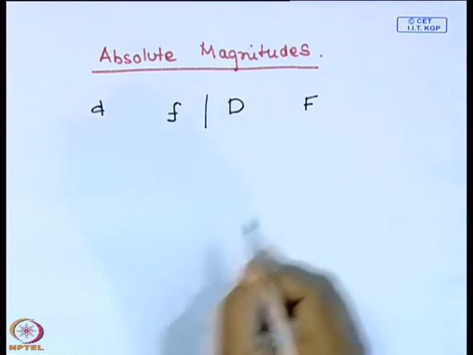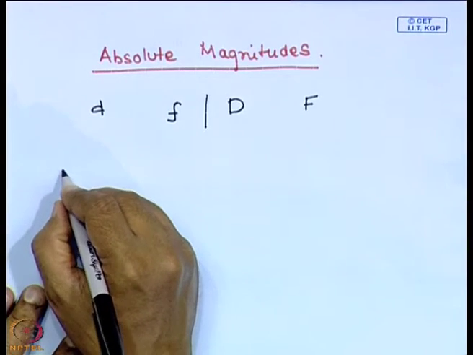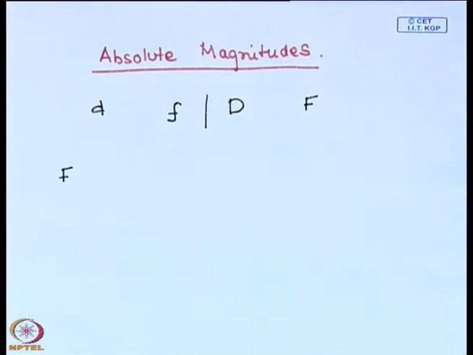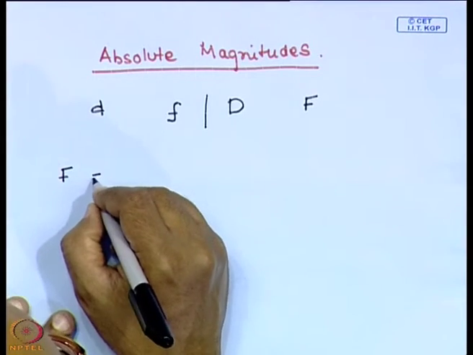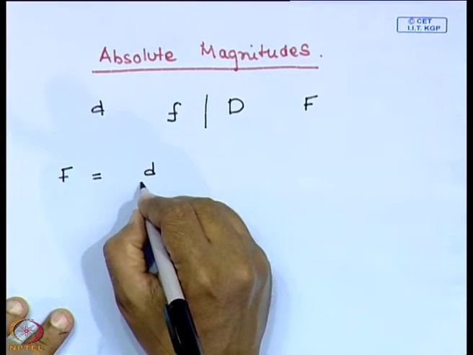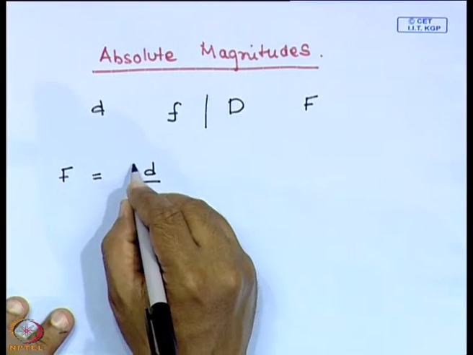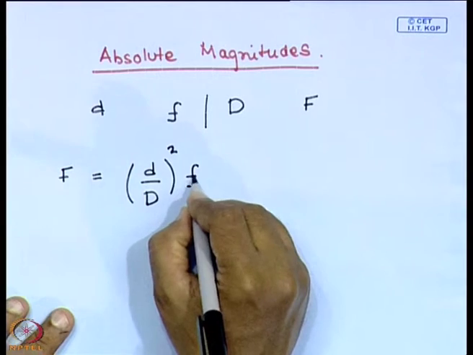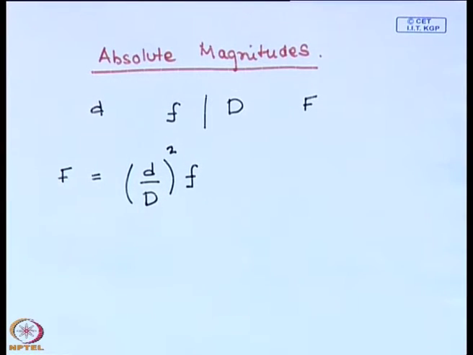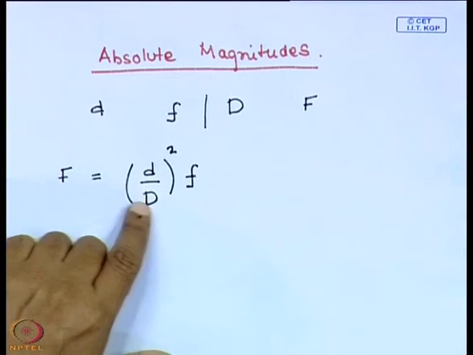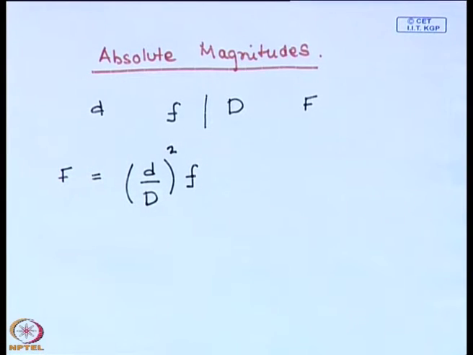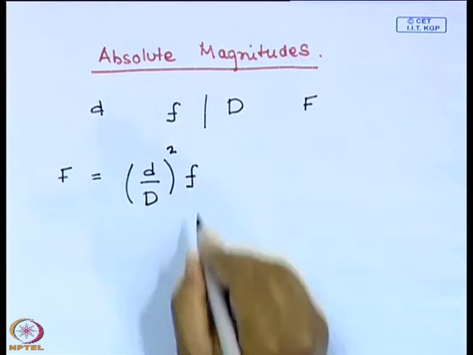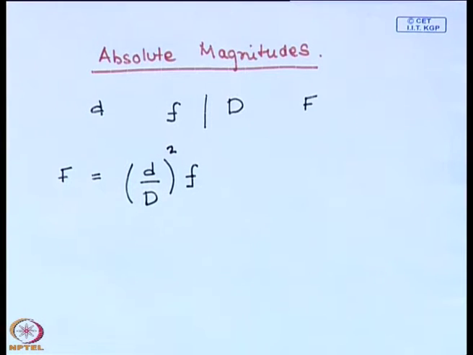It is quite obvious that the flux scales inversely as the distance squared. So, it would be proportional to the ratio of the distances squared times the flux when it were at a distance small d.